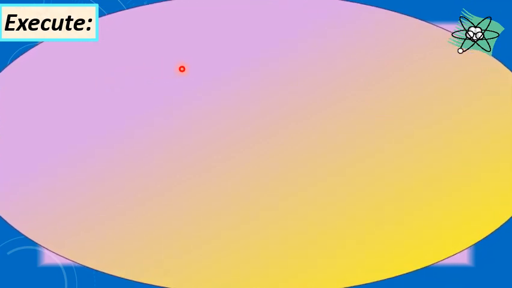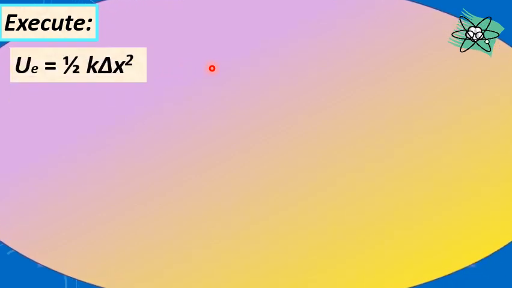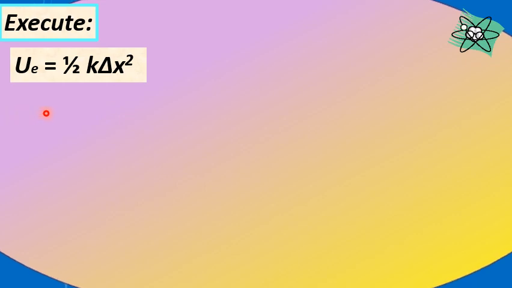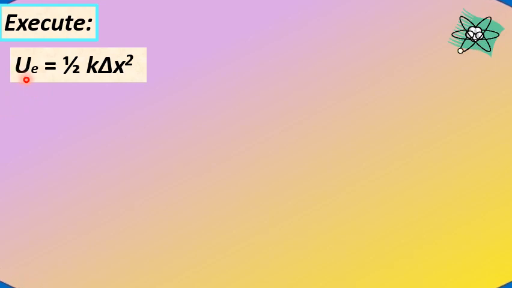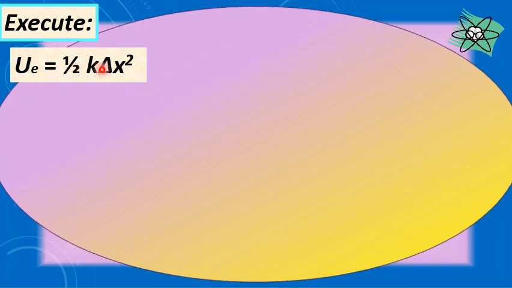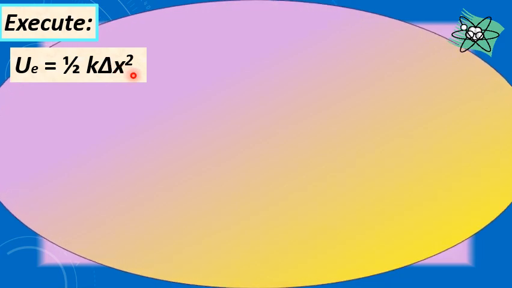Moving on to our computations for problem number 1, starting with the elastic potential energy of the spring, denoted by capital U sub E, equal to 1 half K delta x squared.